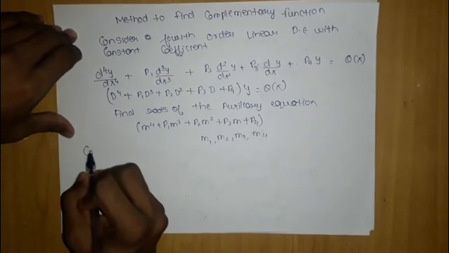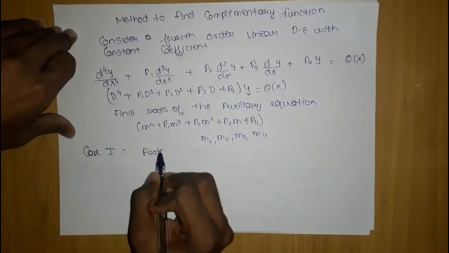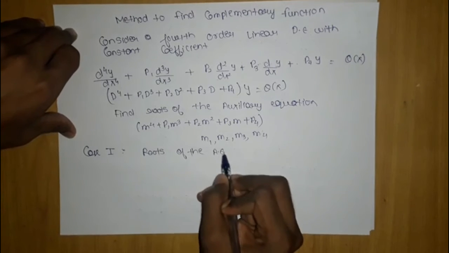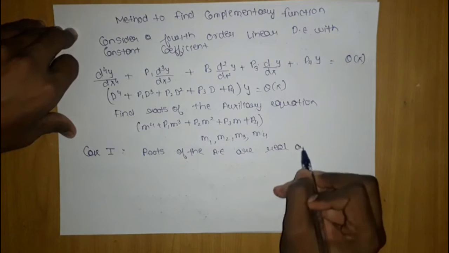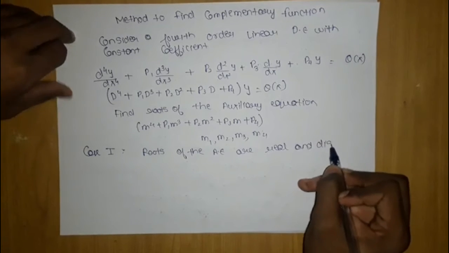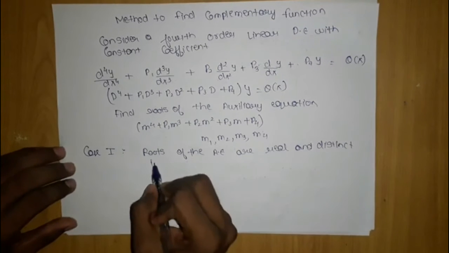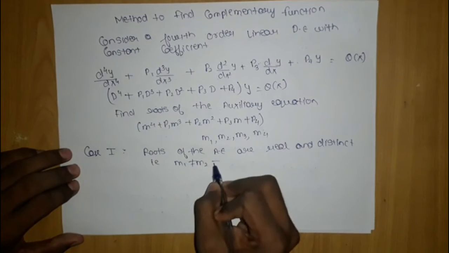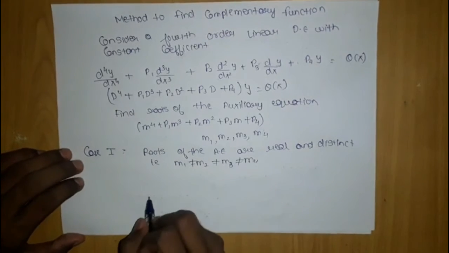Now case 1, when roots of the auxiliary equation are real and distinct. What does it mean, real and distinct? They should be different from each other, all of them. They should not be equal to each other in any case.